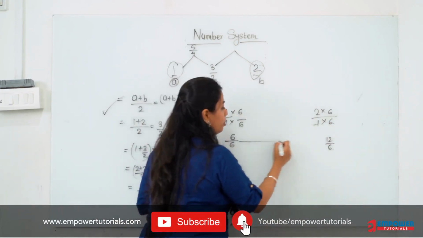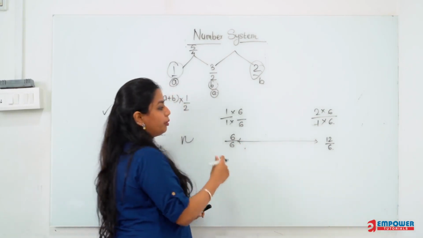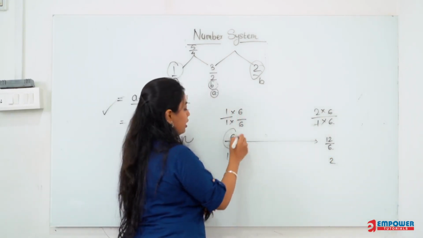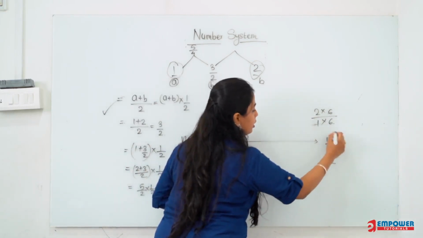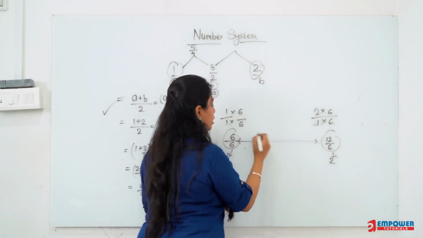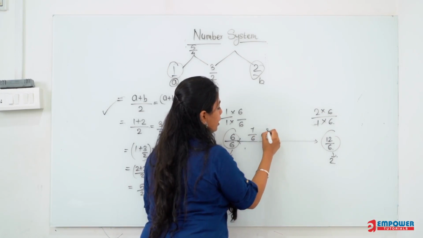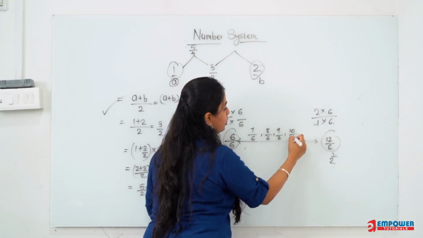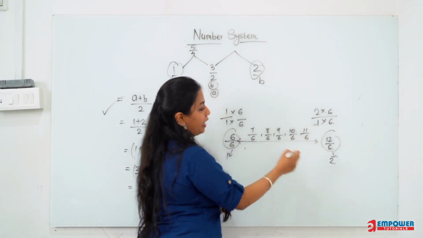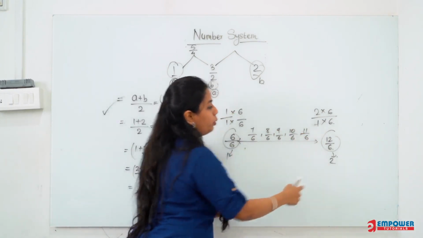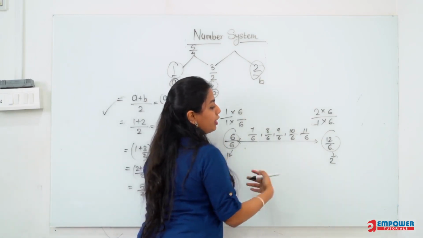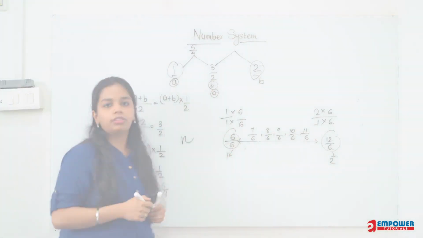Now the numbers between these two will be the numbers between the two rational numbers, that is 1 and 2, because this is nothing but your 1 and this is nothing but your 2. So all the numbers, that is 7 by 6, 8 by 6, 9 by 6, 10 by 6, 11 by 6 are the rational numbers between 1 and 2. So this is another method, or the simplest method, to find rational numbers between two rational numbers.